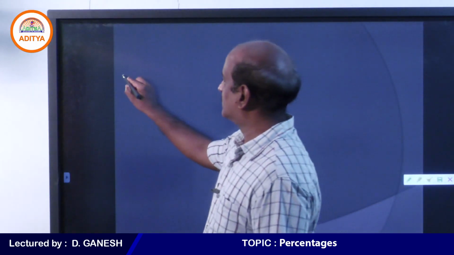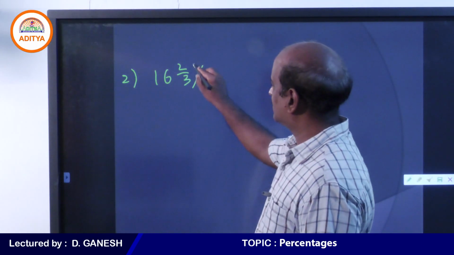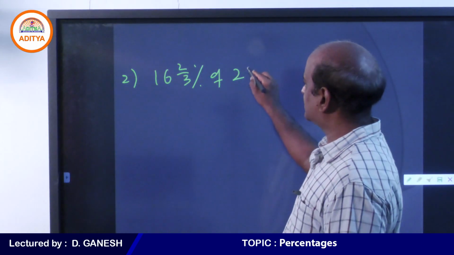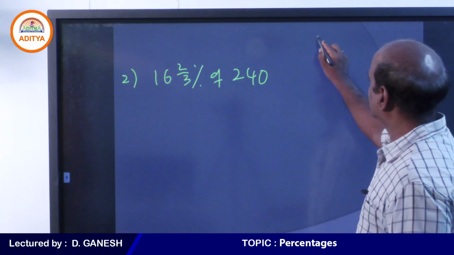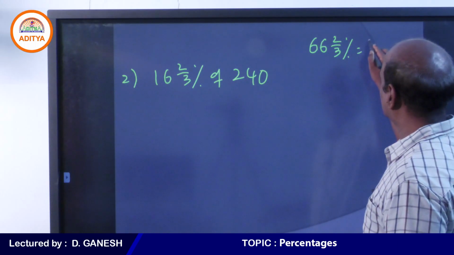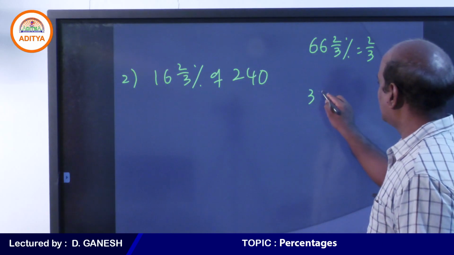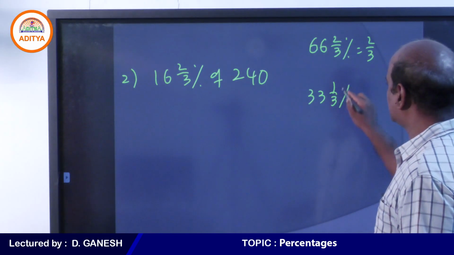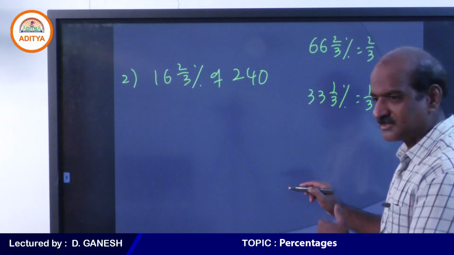Now question number 2. What is 16 2/3% of 240? Once again, let me give you, 66 2/3% is nothing but 2/3 as a fractional equivalent. And half of the number, 33 1/3%, is nothing but 1/3. You remember these standard fractions?